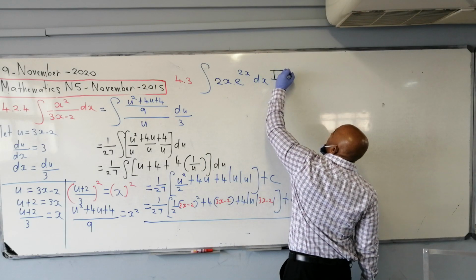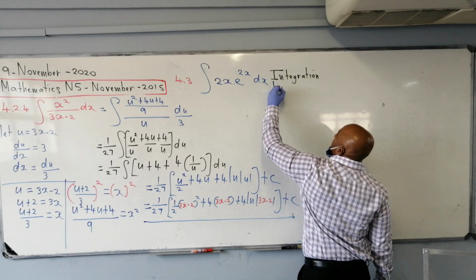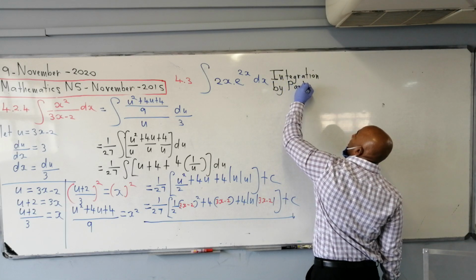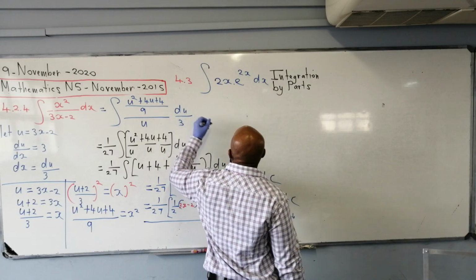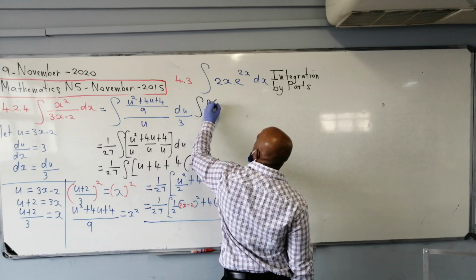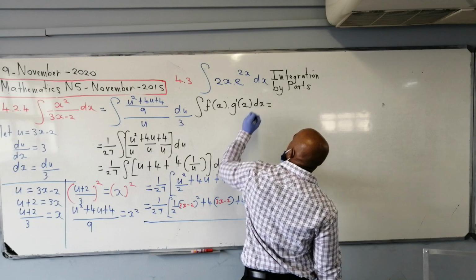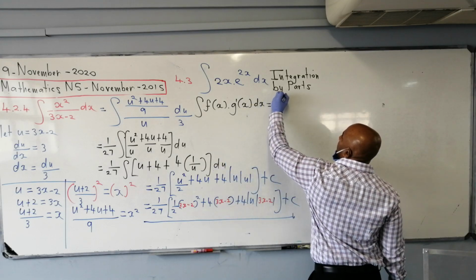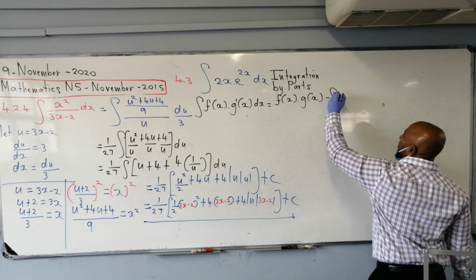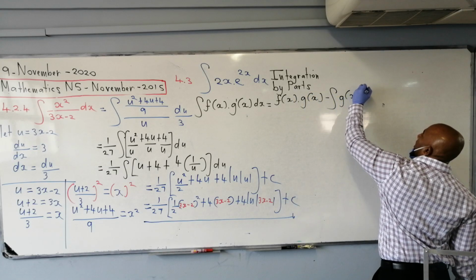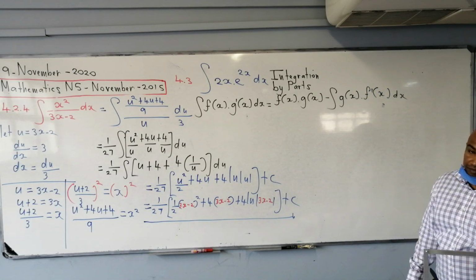Let's write it down. Integration by parts. The formula is the integral of f of x times g prime x is equal to f of x times g of x minus the integral of g of x times f prime x dx.